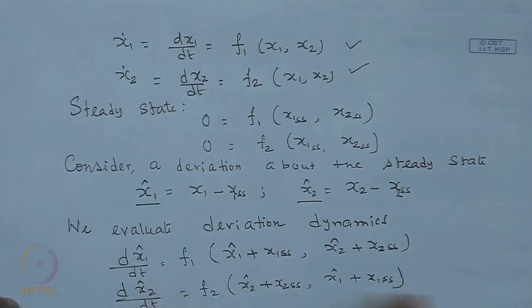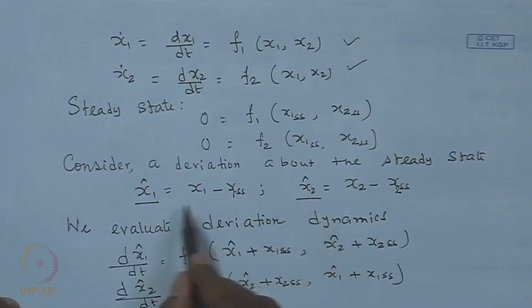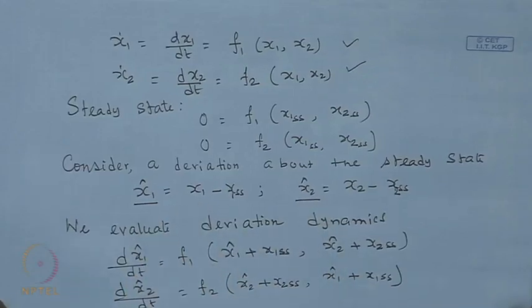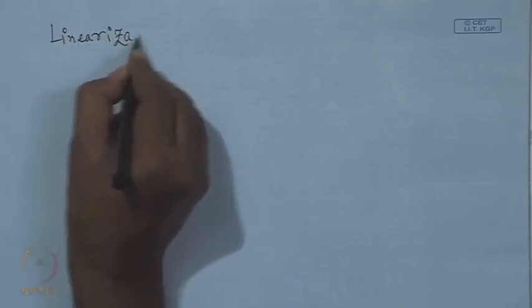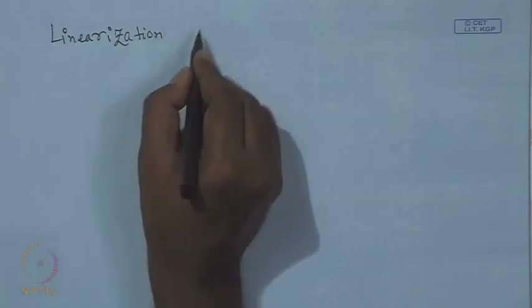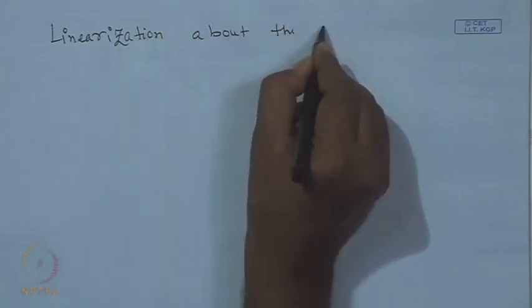Now, we express all the dependent variables x1 and x2 in terms of the deviation variables x1 hat and x2 hat. So, next we linearize the problem about the steady state. Next step is linearization about the steady state.